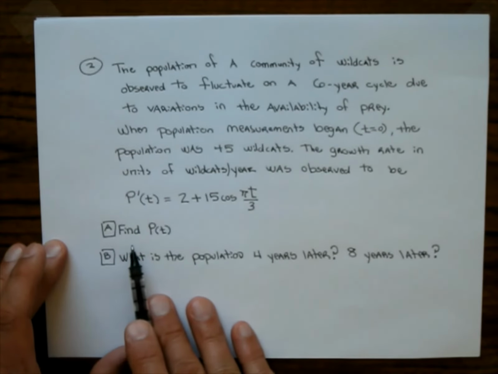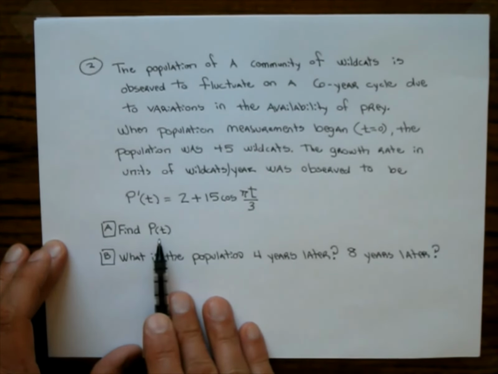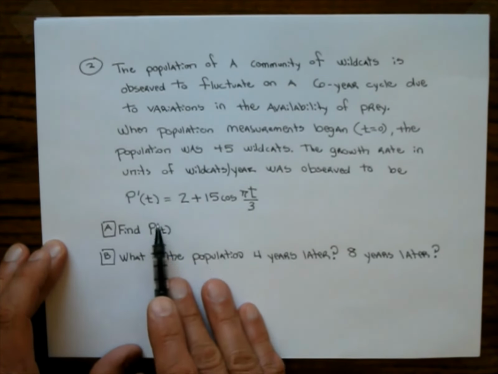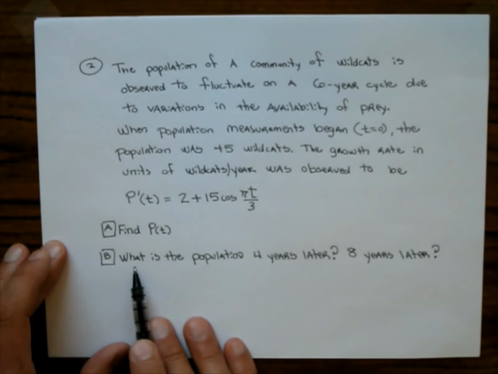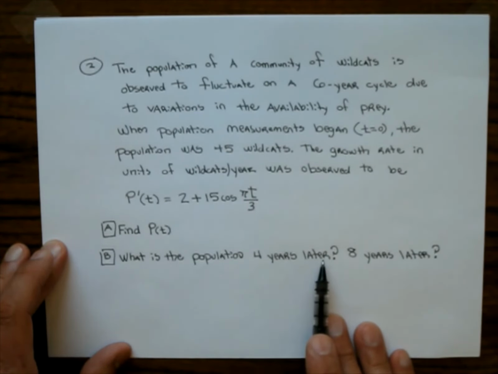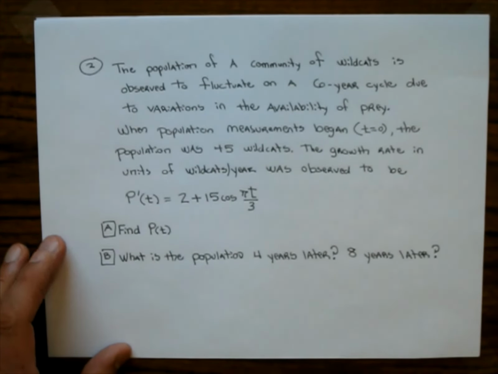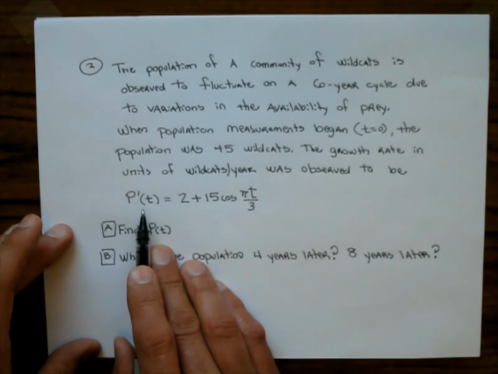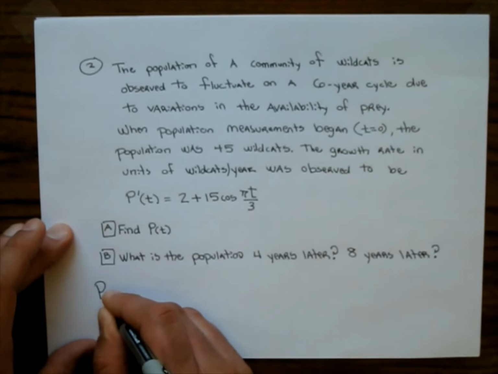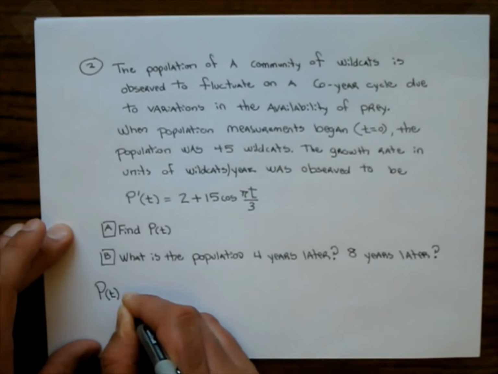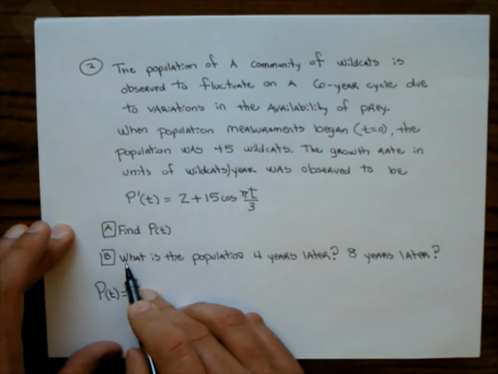They're going to ask you to find the original function, p of t, and look, you've got the derivative, so maybe you know what to do. And then it says, what is the population 4 years later from this time? 8 years later. So let's go ahead and find out what the antiderivative of this is.